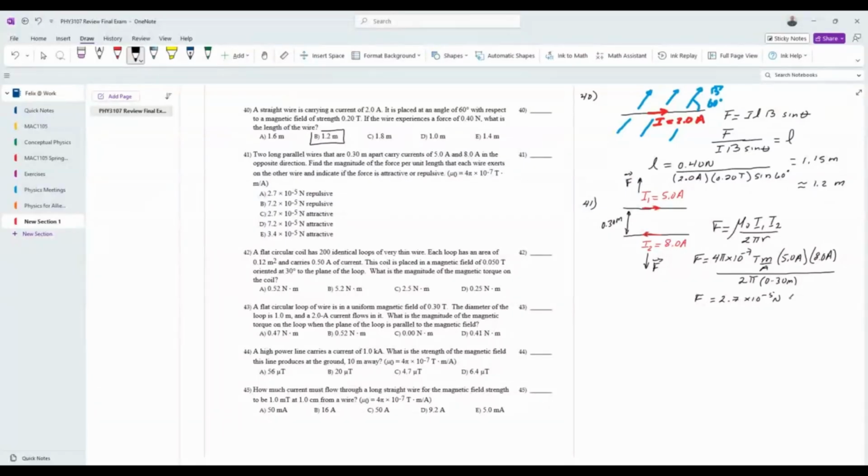And it's a repulsive force. We know it's repulsive because we did the analysis before, in one of the first exercises, right? Any question?